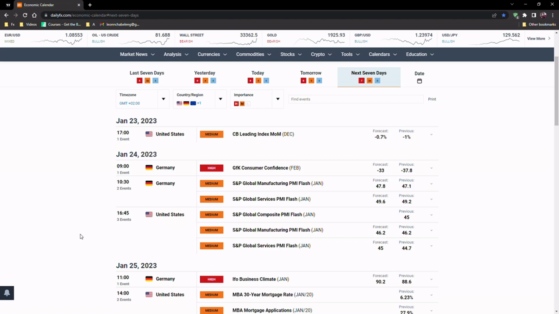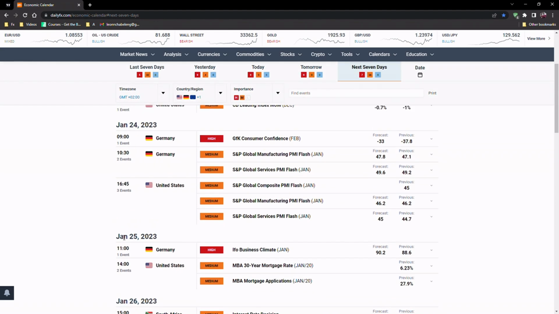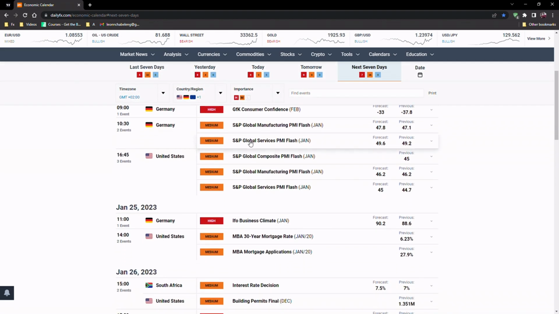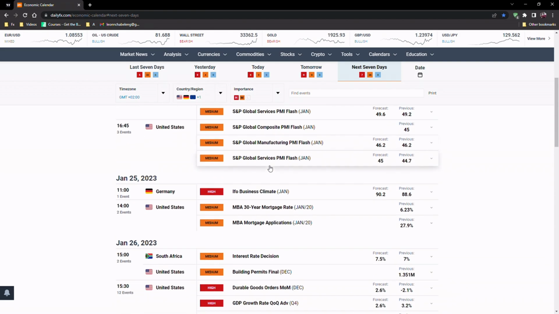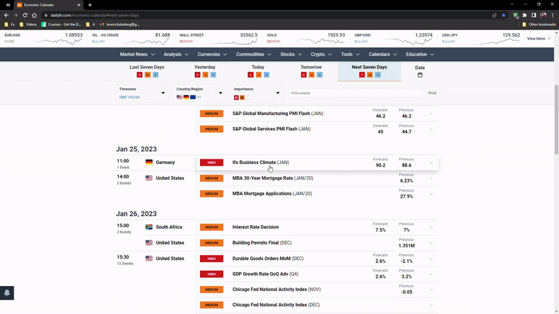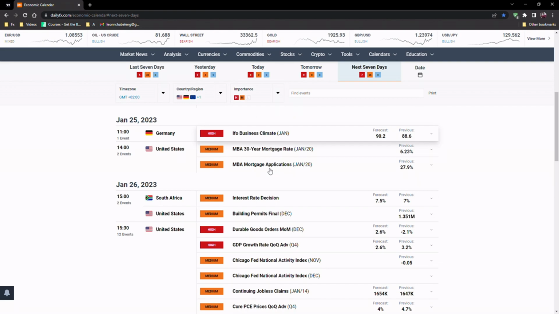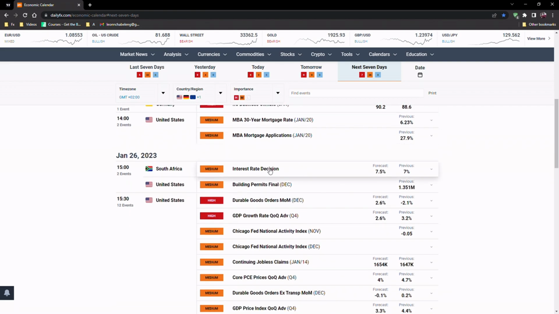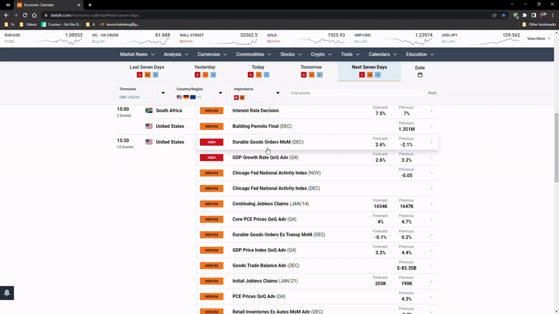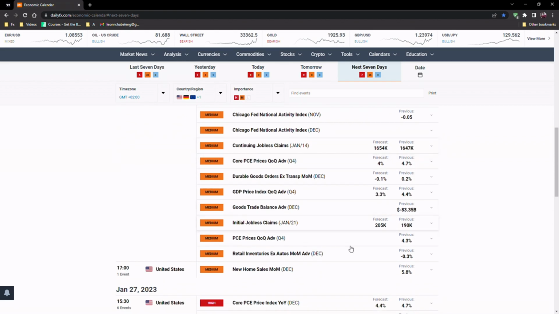Now looking at the calendar week, the fundamentals for the week, you can see that on Monday we don't have anything important. On Tuesday we have the consumer confidence for Germany, and for the US, nothing again. On Wednesday we don't have much, and then on Thursday we have the growth rate, the core prices, continuous jobless claims, and the initial jobless claims.